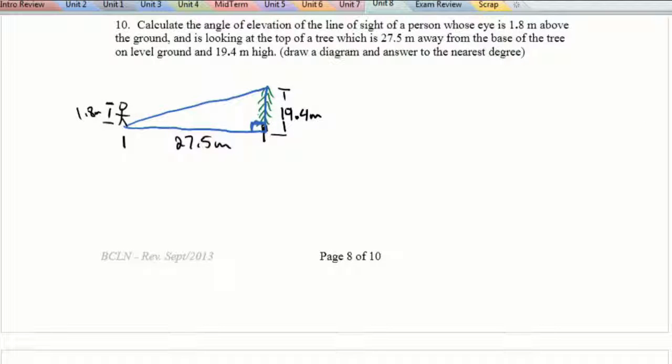It says measuring from the person's eye. So even though I have this tree, it's 19.4 meters, I'm not measuring from the bottom of the person, I'm measuring from the person's eye. So I need to measure my triangle up here. So I'm going to have to redraw my triangle. Of course this is not drawn to scale.